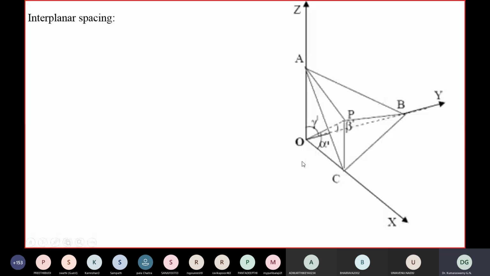So what we see here, we have three right angle triangles: OPB, OPC, OPA. And OP is common adjacent to all the three. Do you agree?